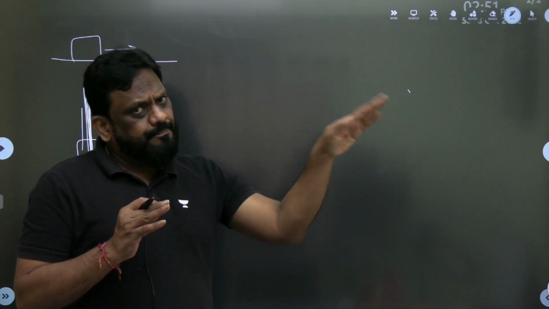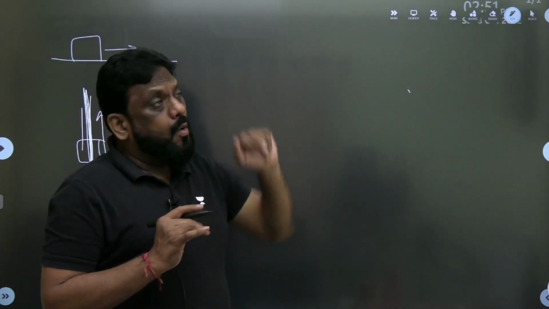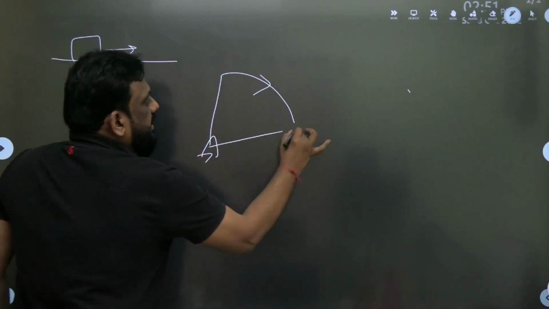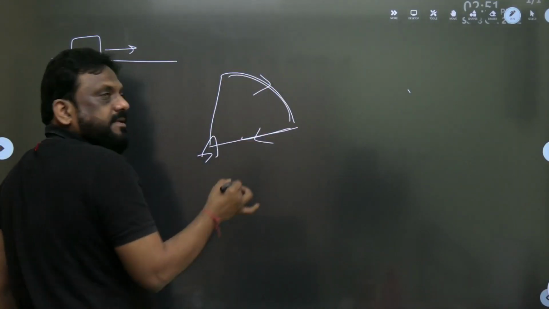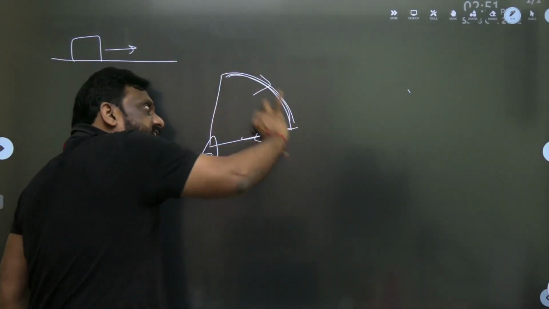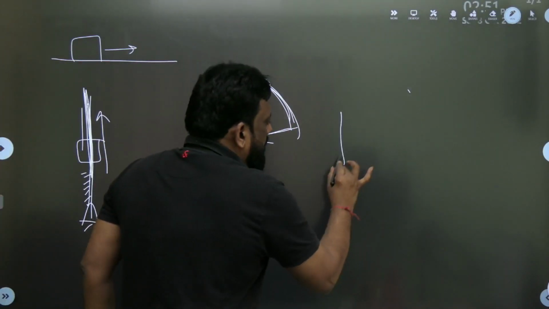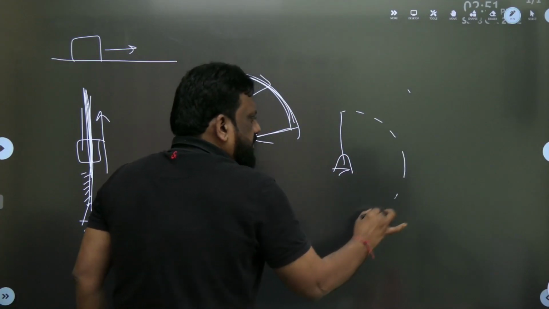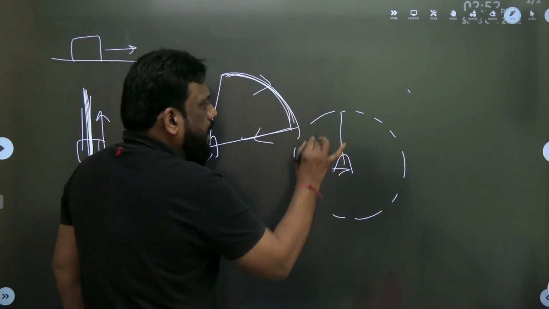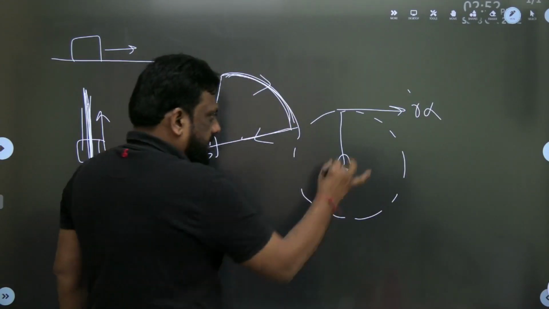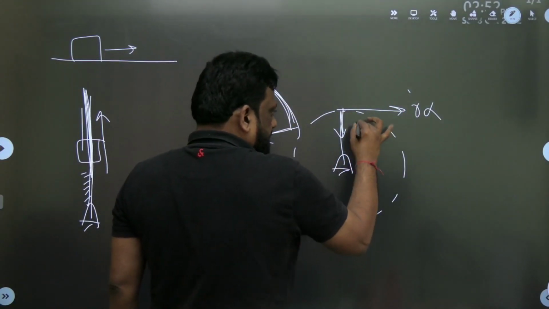So if it is rotating, there will be tangential acceleration and there will also be a normal acceleration. Why is there a normal acceleration? The reason, dear students, is that there is a change in direction. You observe here, if the member is just rotating with constant angular velocity, it has a radial acceleration omega square r.